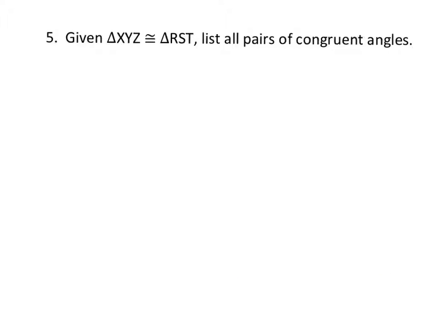Okay, so we're going to say that these two triangles, XYZ, RST, are congruent. List the congruent angles. Order matters. XR, YS, ZT.